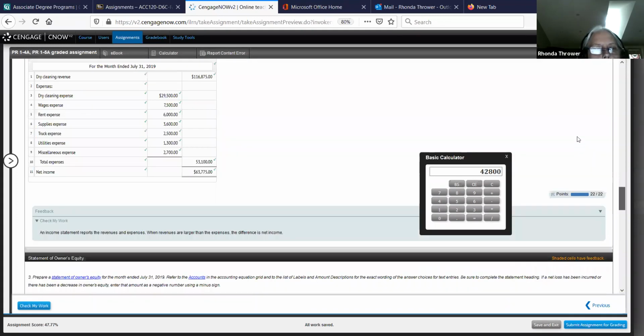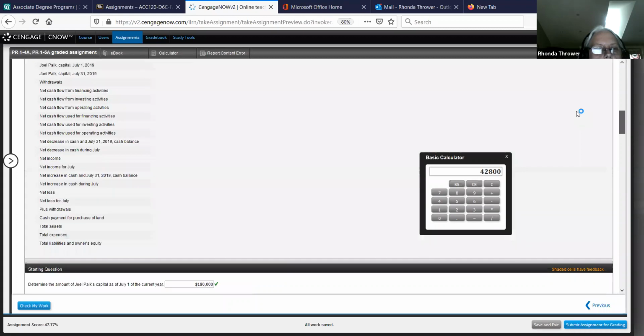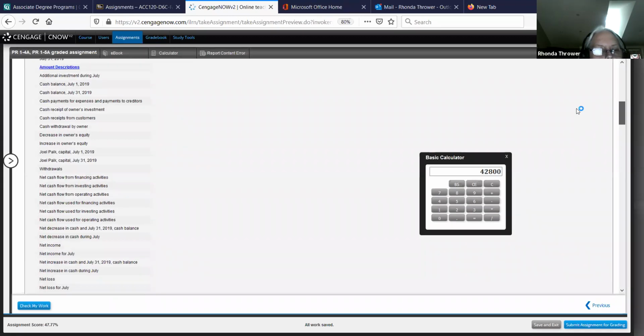So I'm going to look at my account descriptions and I'm going to get my net cash flow for operating activities. And they made it tricky on you. They give you two of them. They got one here that says used and they got one here that says from operating activities.